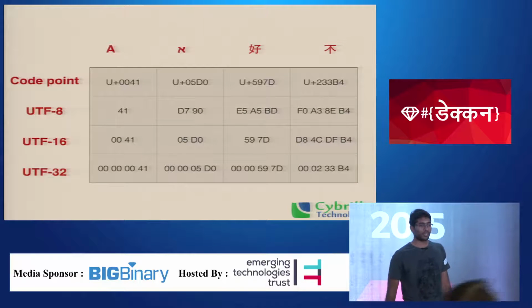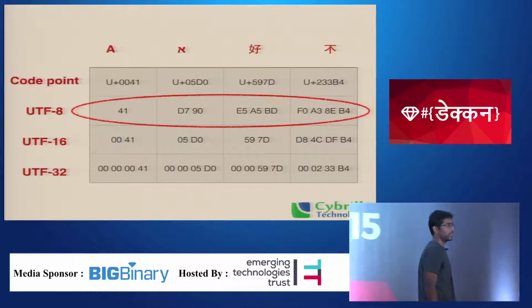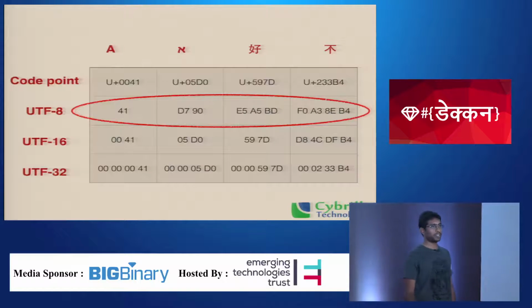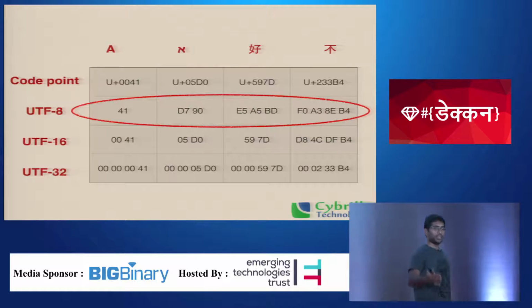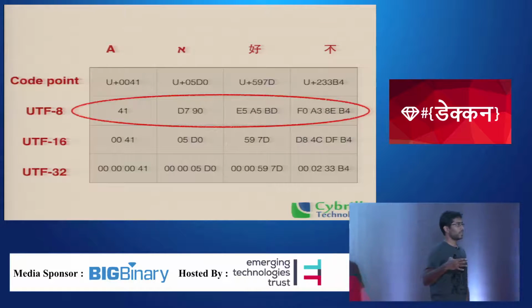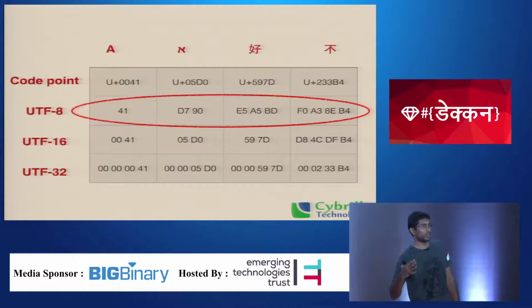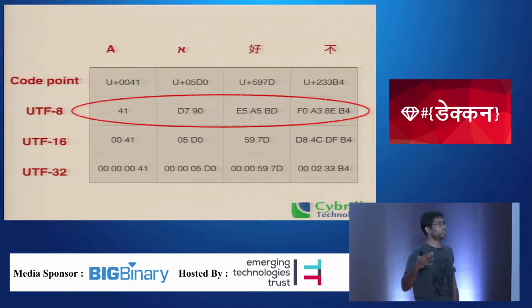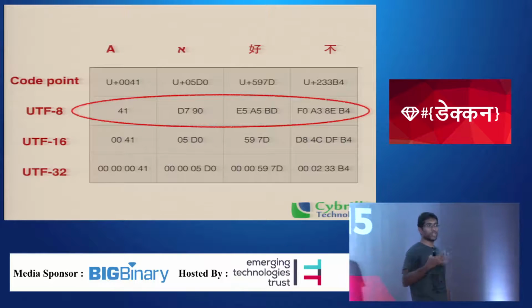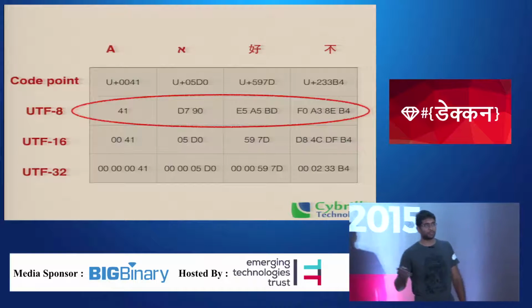If you look at how they are represented in different encodings, UTF-8 makes sure that characters in the ASCII character set, the alphabets and digits, are represented using only 1 byte, exactly the same as in ASCII. So there's no need to change all those documents even if you start using UTF-8. That's the main reason people started adopting Unicode.